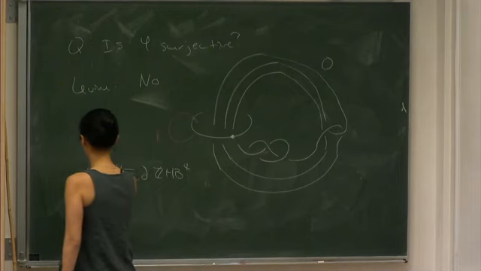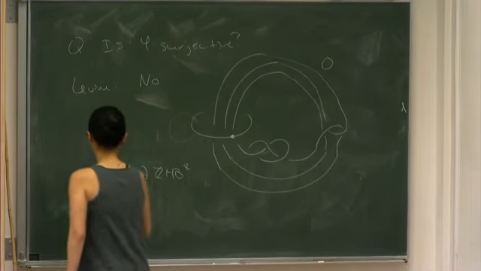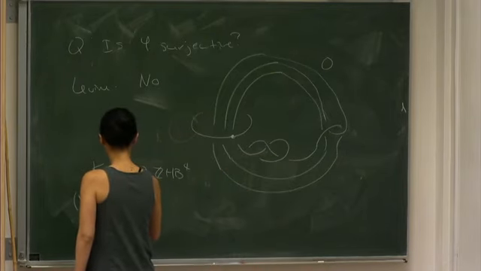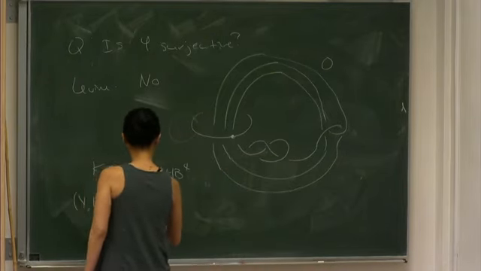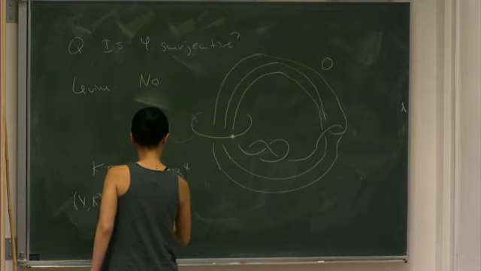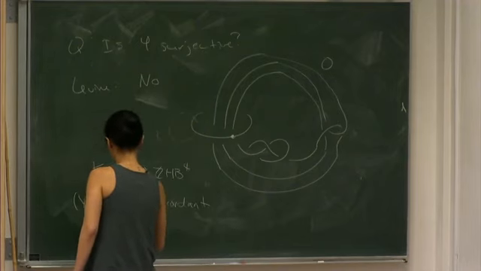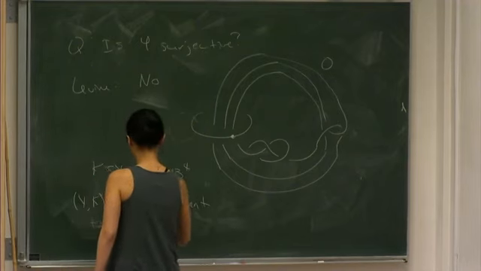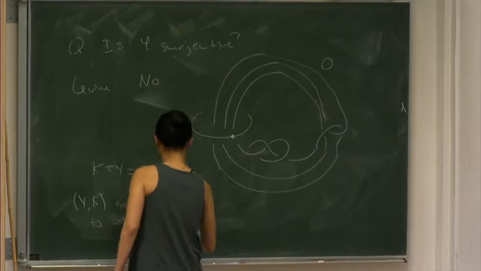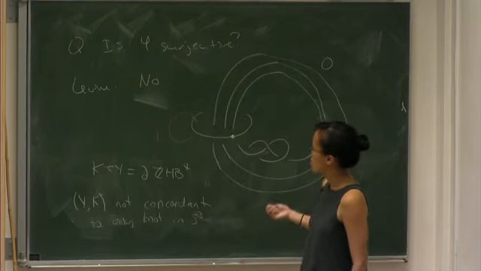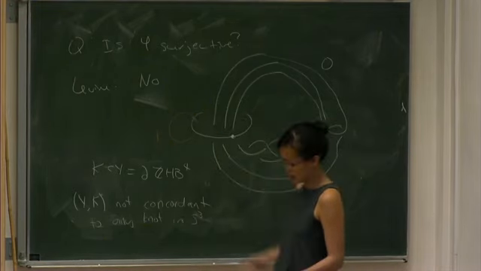Adam showed that K in Y is not concordant to any knot in S3. So in particular, it's not in the image of phi.